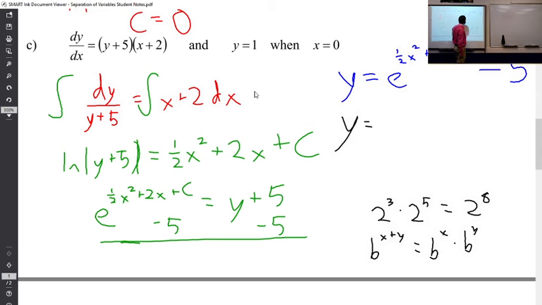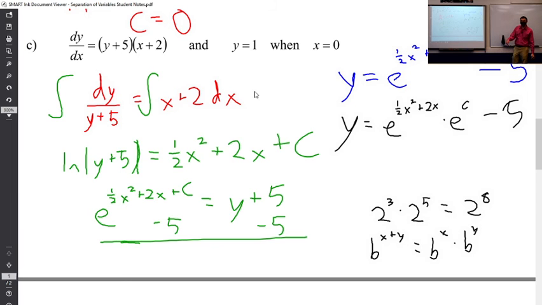Here's what that's going to look like. I'm going to separate out e to the 1/2 x squared plus 2x. And then I'm going to separate out with multiplication times e to the c. Minus 5.